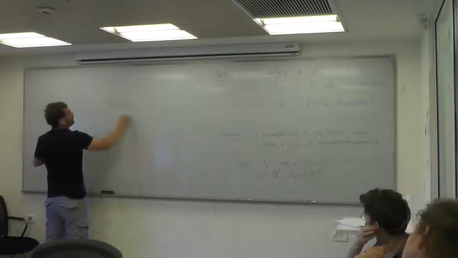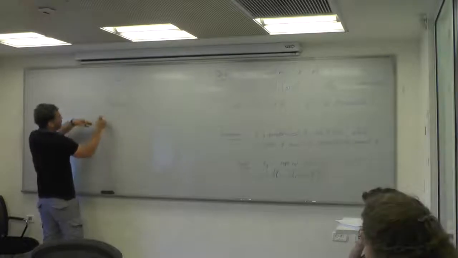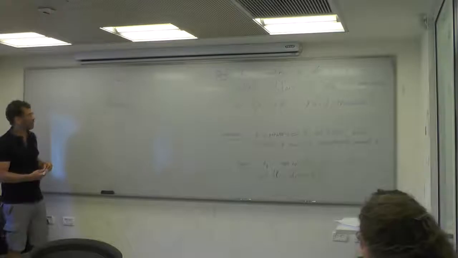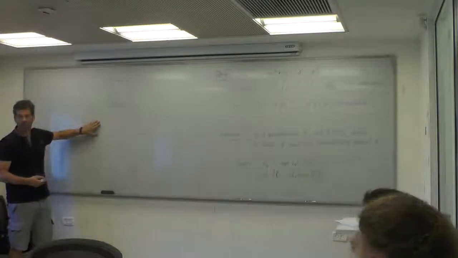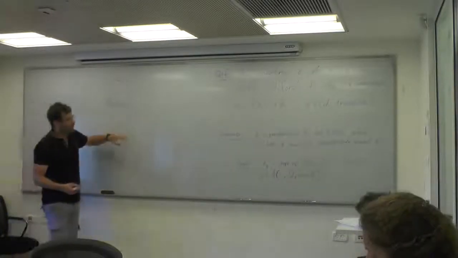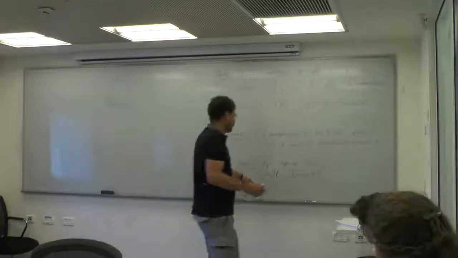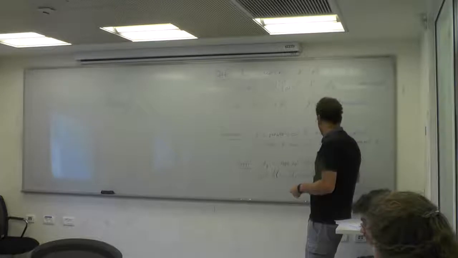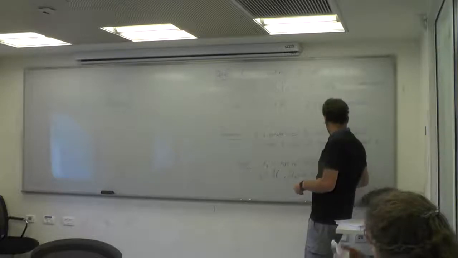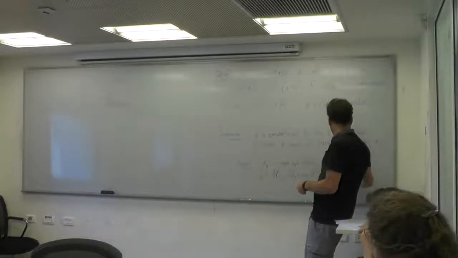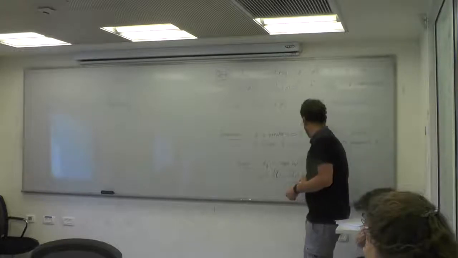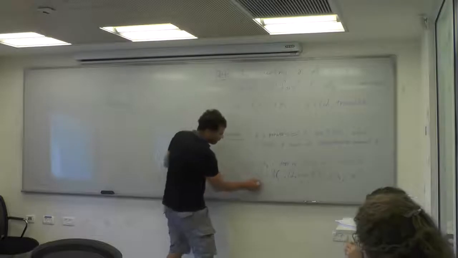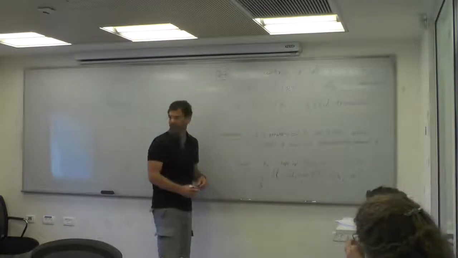So the function which is the distance function from the set, up to normalization, let's again subtract the value at x0 from the same set. So normalize it.